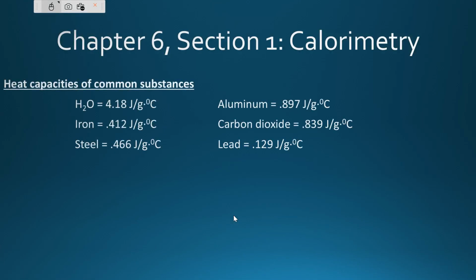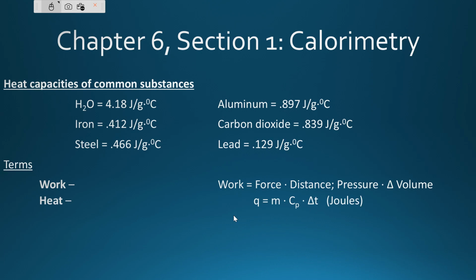Now, you'll have a chart a lot of times, but here are some different heat capacities of some common substances. Along with that, we'll also apply some terms. We can use that heat to do some work. We can use that energy and so on. Work is force times distance, and also pressure times the change in volume.